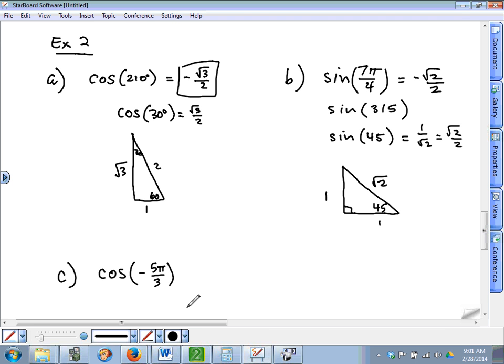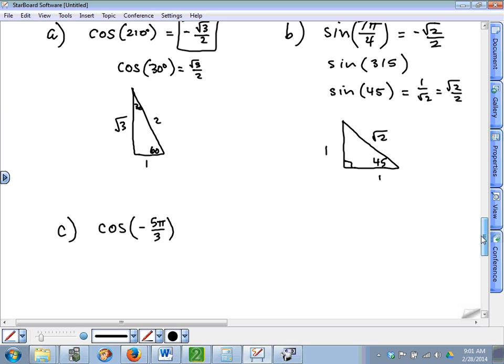So what is negative 5 pi thirds? It's negative 300. Cosine of negative 300. But negative 300, if you're going clockwise, puts you in the first quadrant. The reference angle would be 60 degrees.